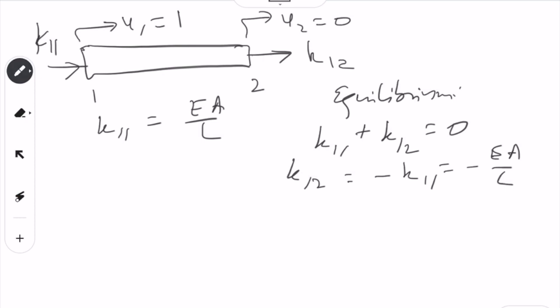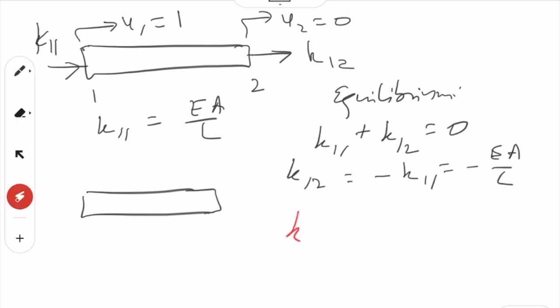Now, same thing we have to repeat for node 2. We have to find out K22 now.